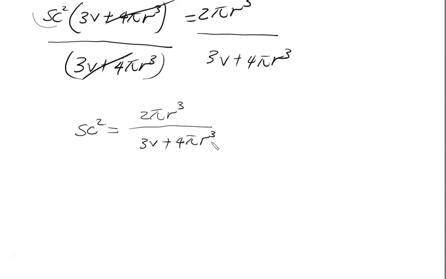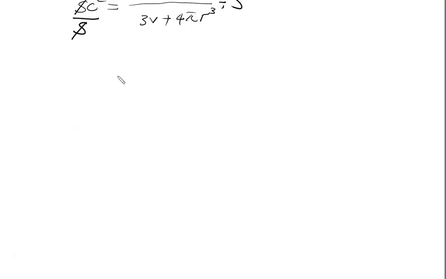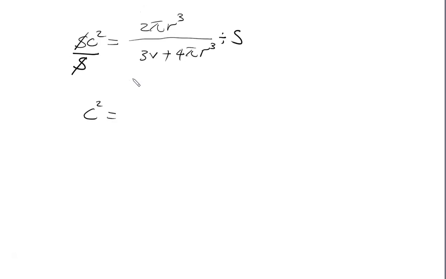At this point it's easy because we only have s to remove, and we can remove s by dividing both sides of the equation. So we divide by s here, and here we divide by s. This will cancel that, and now we have c squared equal to 2 pi r cubed divided by 3v plus 4 pi r cubed.